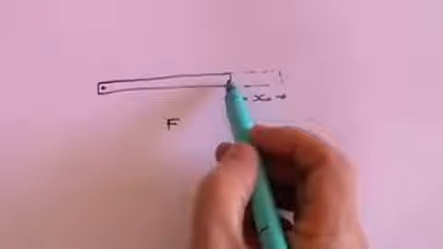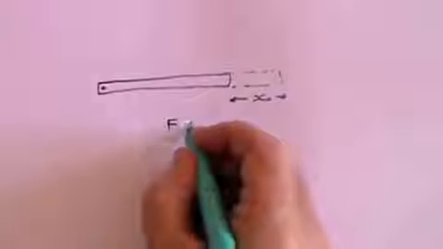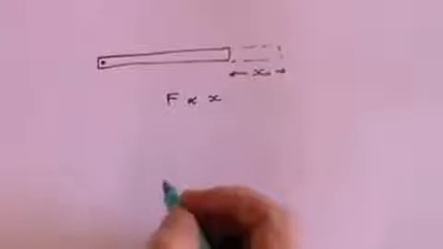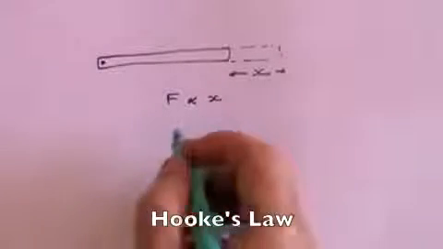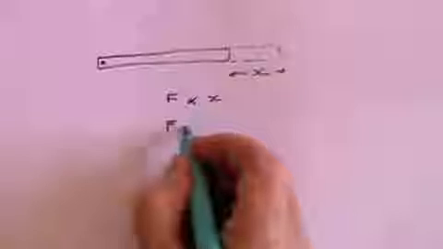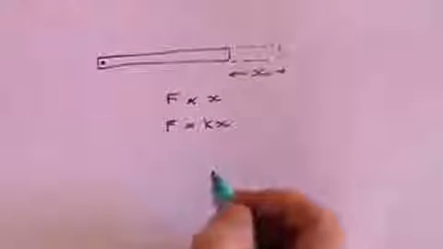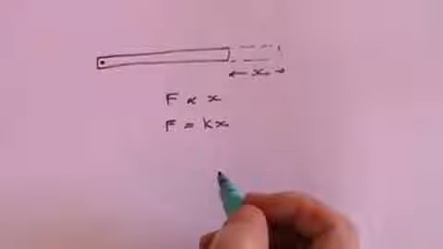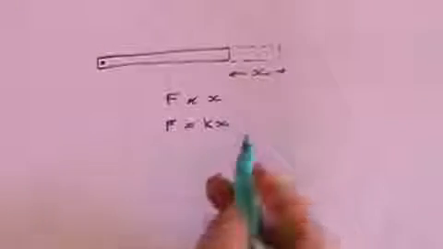The force you have to apply to this end to stretch it to that is proportional to the extension. And that is in essence what's called Hooke's law. And whenever you have a proportionality, you can always write that as the force equals some constant times x, F = kx, where k is what's called the spring constant, or sometimes it's called the stiffness constant.